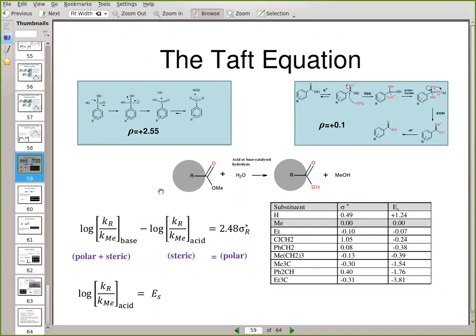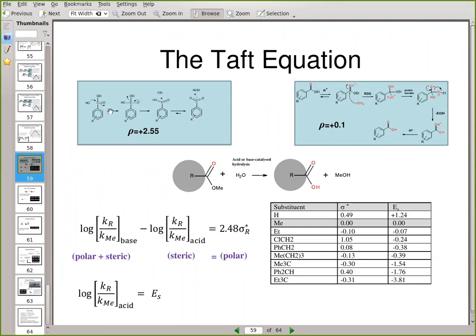Taft was interested in moving away from this aromatic system. He wanted to move away from the meta and para substituted aromatic systems to aliphatic and maybe ortho substituted aromatic systems. But remember what the problem was in our first lecture. The problem with those is that there's a steric problem.